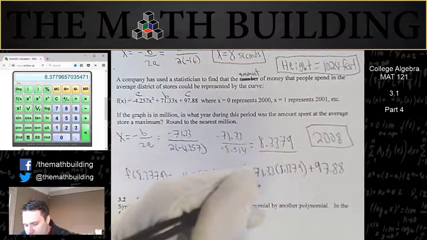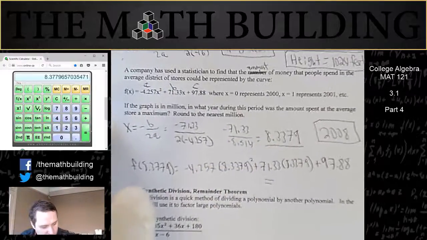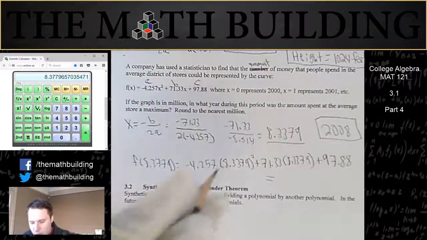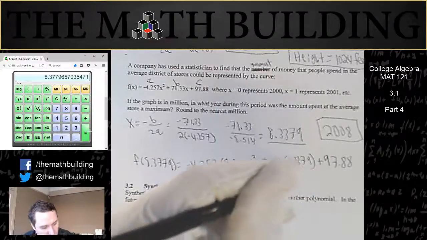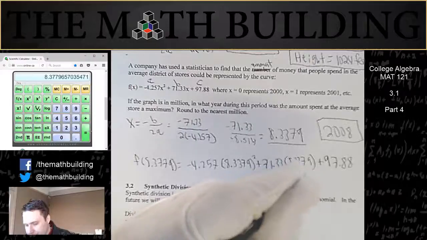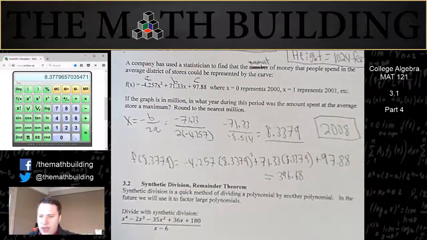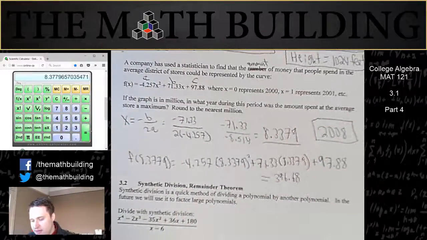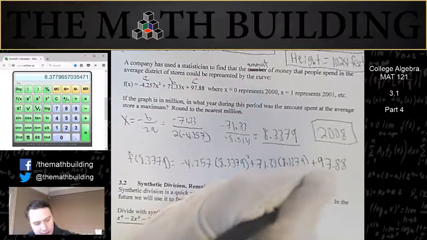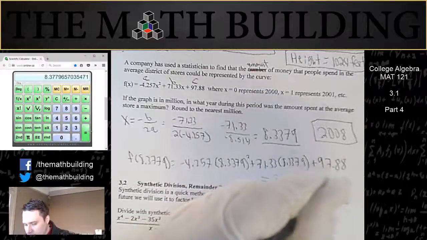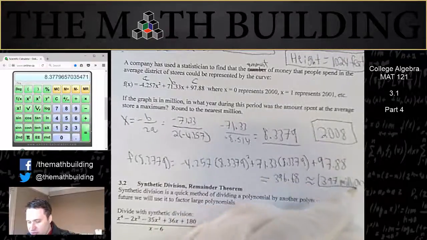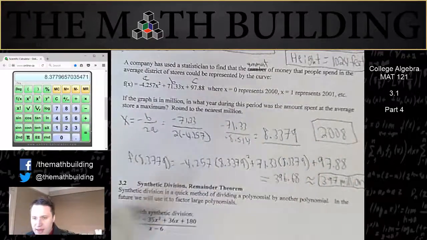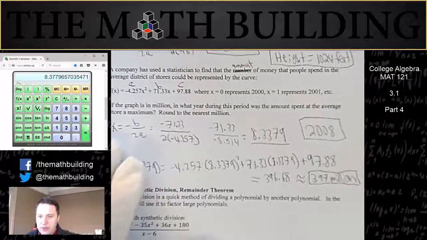I'm not going to crunch this all out on my calculator because I've already done it. But when you crunch that all out, you should get the following number, I think it's 396.68. And so it's going to be approximately, if we round to the nearest million, $397 million is how much consumers spent at those stores in the year 2008.